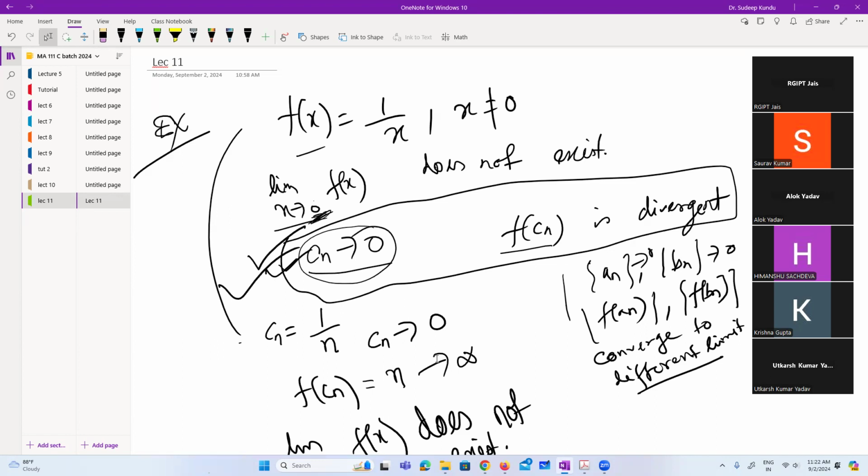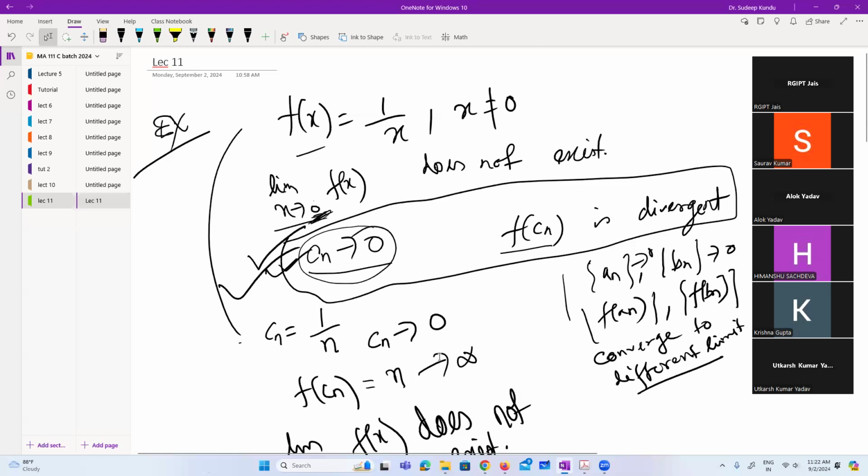For that you have to use the epsilon delta definition. But when you want to show the limit does not exist, there you can show it by choosing some particular sequence. Is it clear? So if you want to show the limit exists, then it's very difficult using sequential criteria. But if you want to show the limit does not exist, there it is useful.